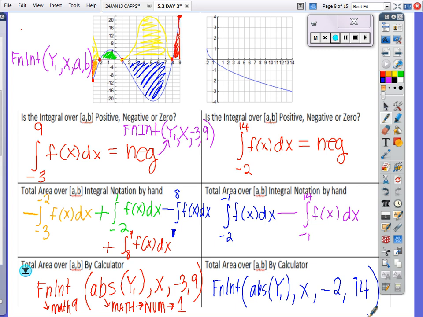That looks just like this. So it's the same notation. So instead of just f of x, you need the absolute value of f of x.